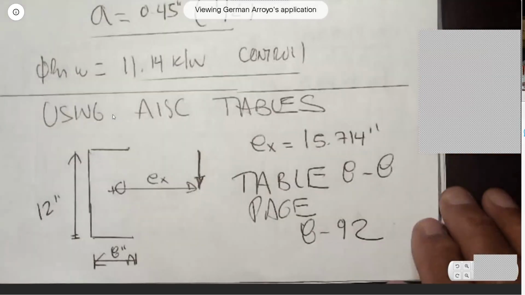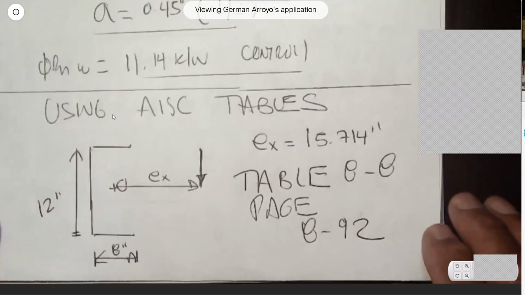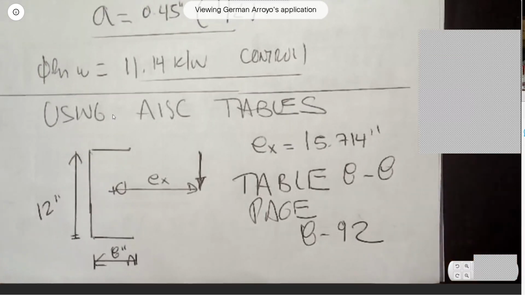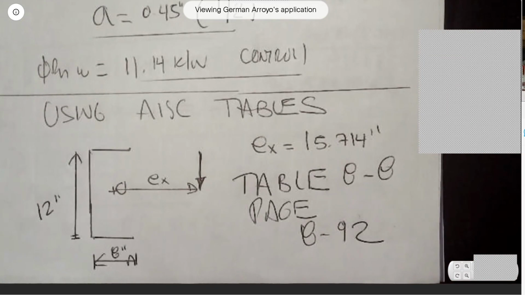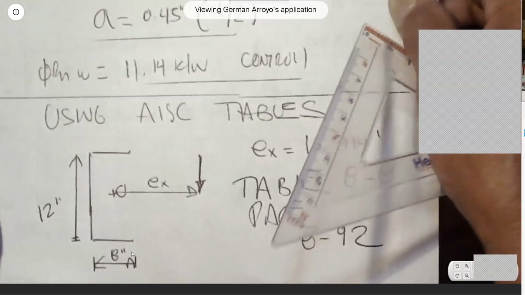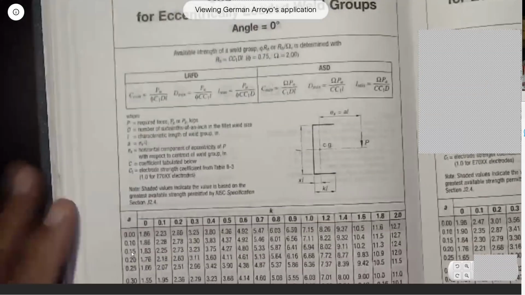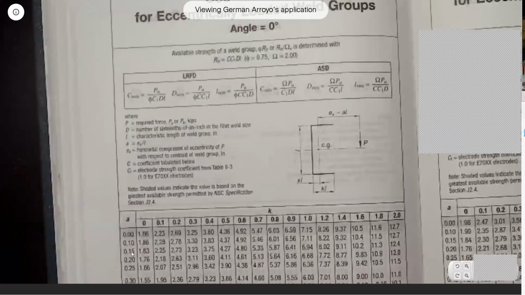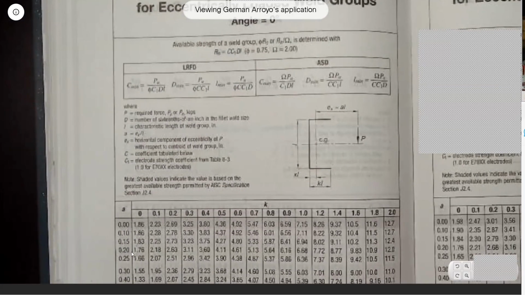So this is the case that we have right now. The only thing that we need to do our computation is the eccentricity and this dimension A. Because when you go to page 892, I don't know why you cannot read the code clearly, but you have your own code.